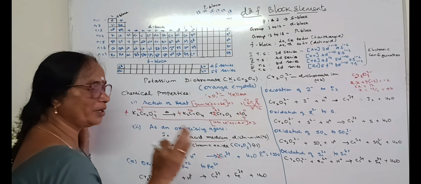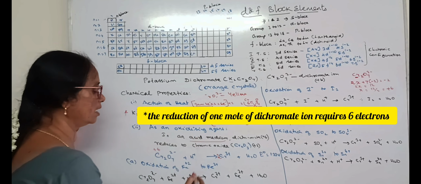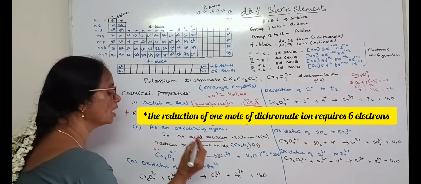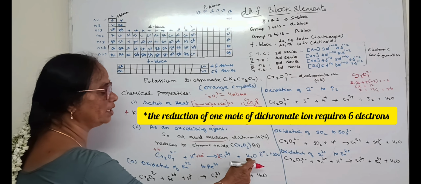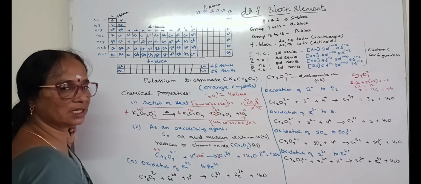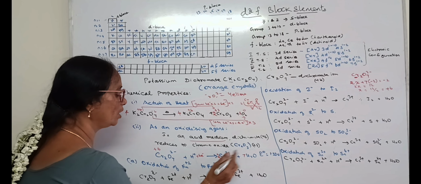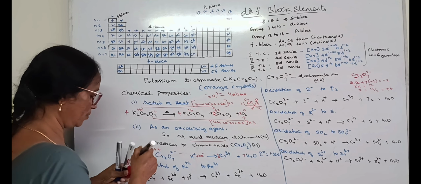For 1 chromium 3 electrons are required, for 2 chromium 6 electrons. So it receives 6 electrons. All the oxygen atoms are formed as water. So I can multiply this by 7. 7 2s are 14 hydrogen. So H plus is multiplied by 14.